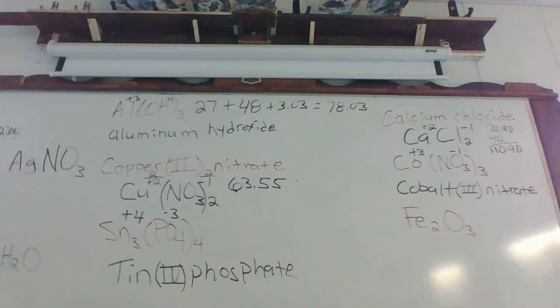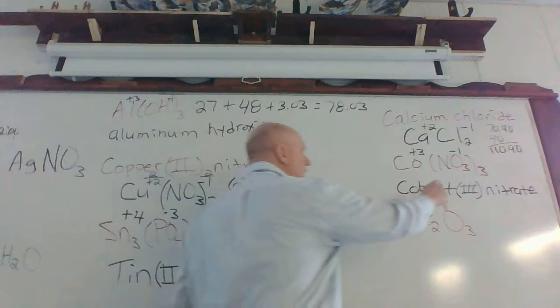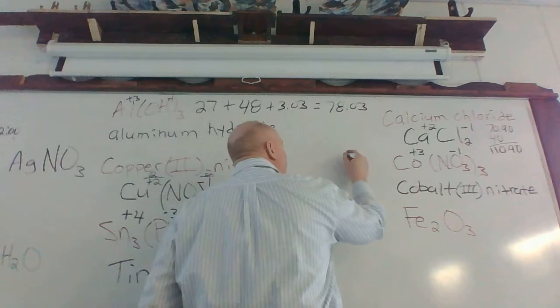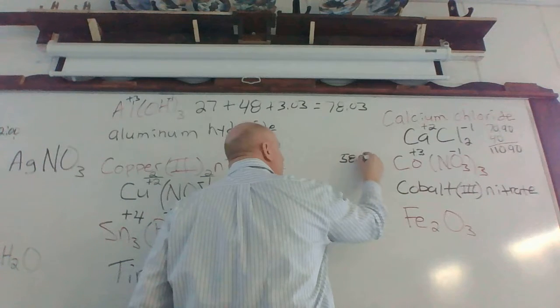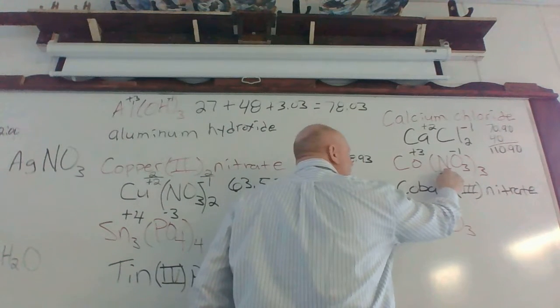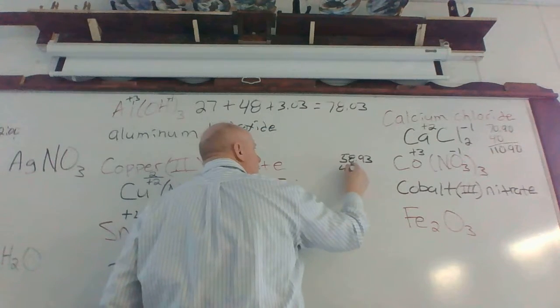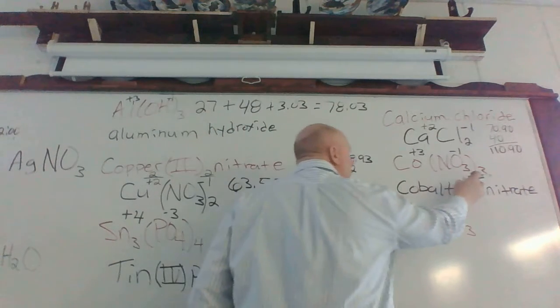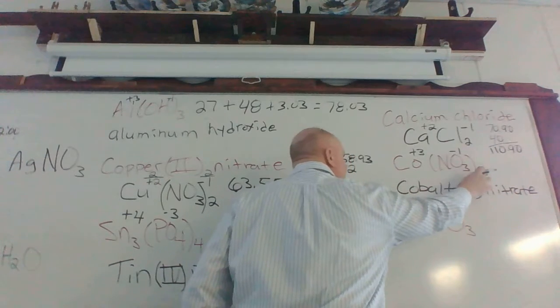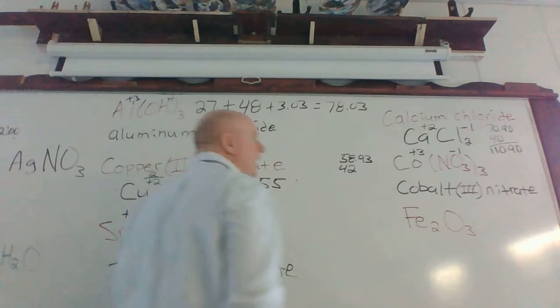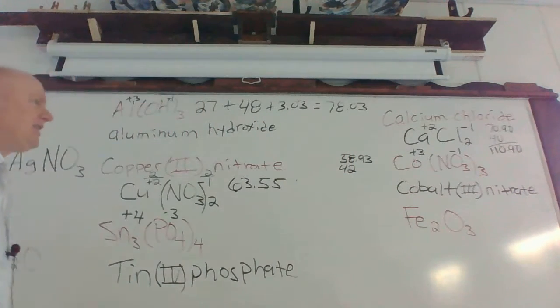Then we add together the atomic masses for all of those ions, where cobalt is 58.93 and nitrogen is 14. We take that times 3 because we have to distribute this 3 through here. So 1 cobalt is 58.93. Nitrogen is 14, and 14 times 3 gives us 42. And then we again distribute this 3 through here, and 3 times 3 gives us 9.